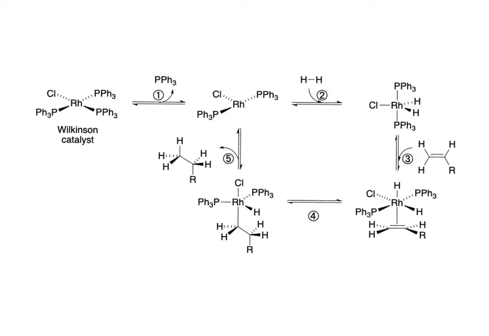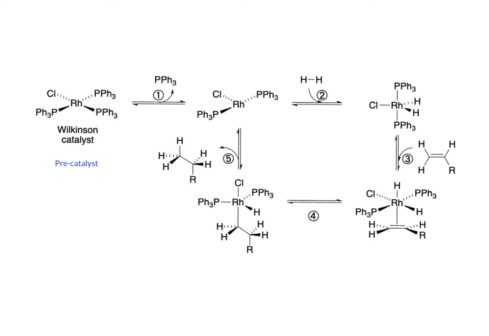Rather, Wilkinson catalyst is actually a pre-catalyst. This enters the catalytic cycle by dissociation of a sterically hindered triphenylphosphine ligand to give chlororhodium bis-triphenylphosphine. All of these steps are in equilibrium.